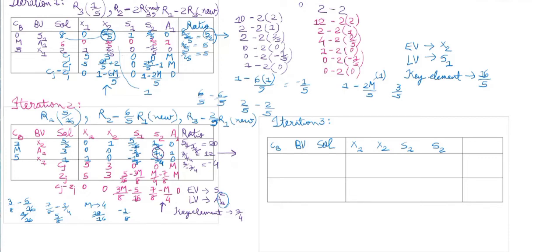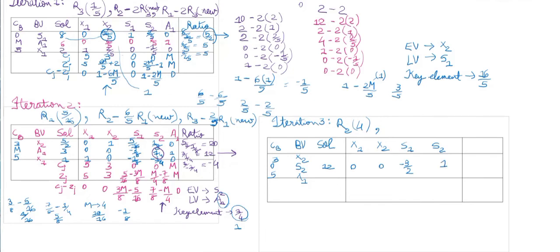And the basic variables will be x2, s2 and x1. That is, in place of A1, we have written S2, and the coefficient of S2 is 0. Then from the solution, this 12 we can write. And our row operation will be R2 into 4. So this comes out to be 12, 0, 0, minus 3 by 2, 1.